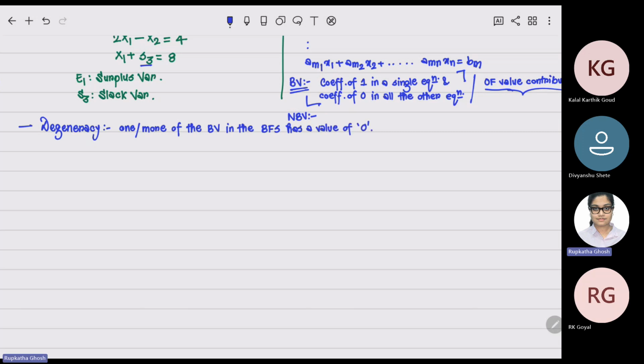For example, let's say you have some m constraints and n variables, and you should have m plus n basic variables. But one or more of these do not have a value; they have a value of 0. That means you cannot do anything about the solution. So that is known as a degenerate solution.